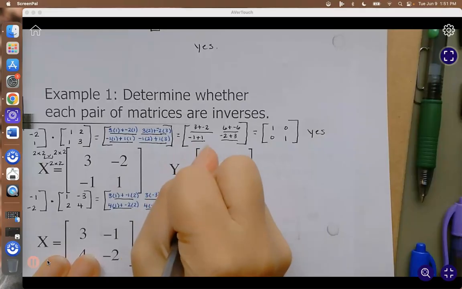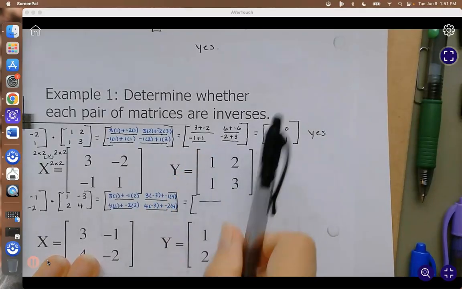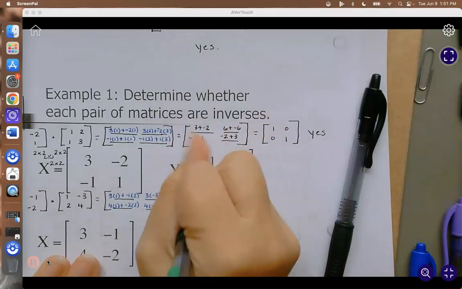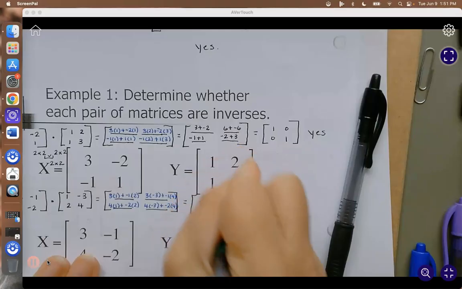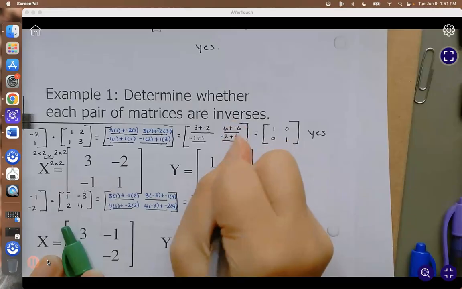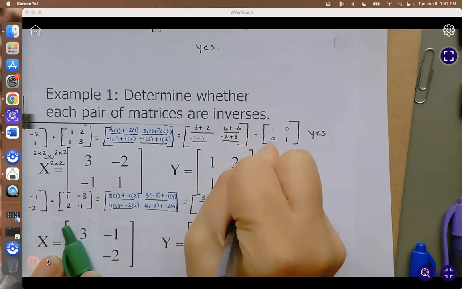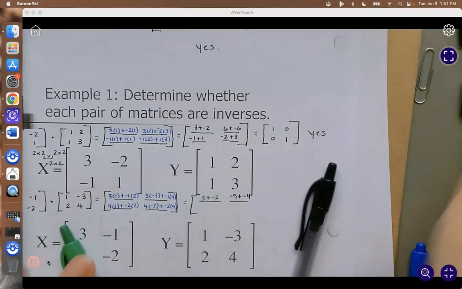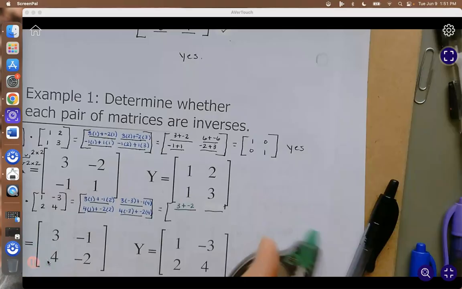So this is going to give me 3 plus negative 2. That's looking good so far. This is negative 9 plus negative 4. Wait a minute, I don't need to be using that color. I should be using this color.